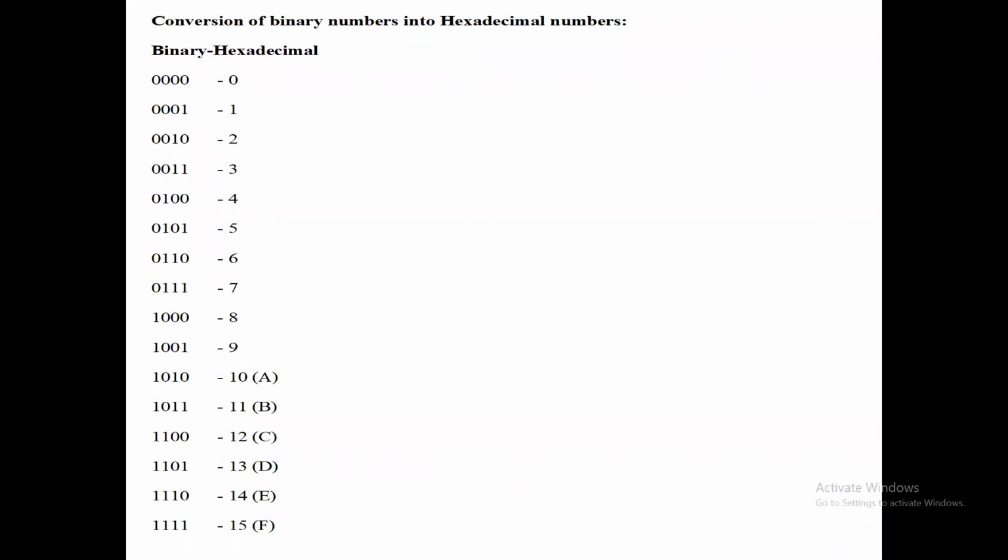The next thing is conversion of a binary number into a hexadecimal number. For this you need to remember 4-bit groupings and the equivalent hexadecimal numbers.